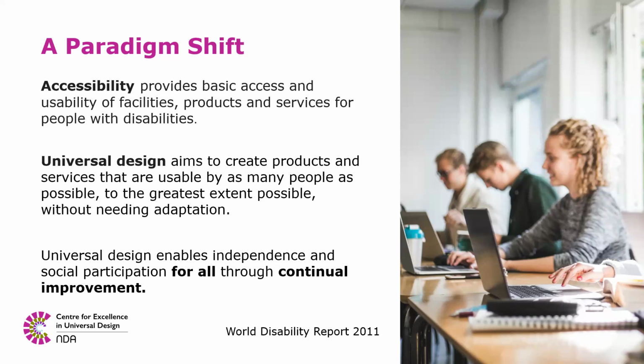The key difference then between universal design and accessible design is that while accessibility provides basic access and usability of facilities, products, and services for people with disabilities, universal design aims to create products and services that are usable by as many people as possible to the greatest extent possible and without needing adaptation. Universal design enables independence and social participation for all through continual improvement. And at its best, then, universal design is invisible.